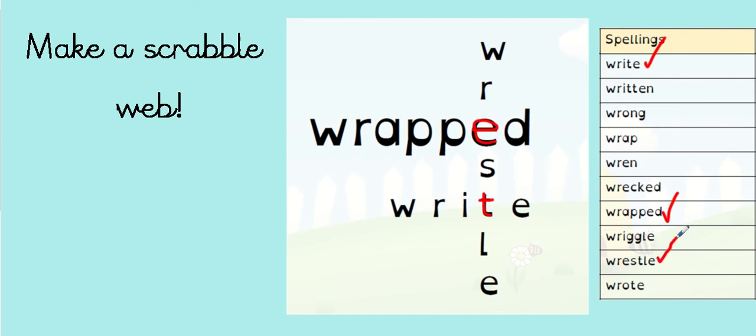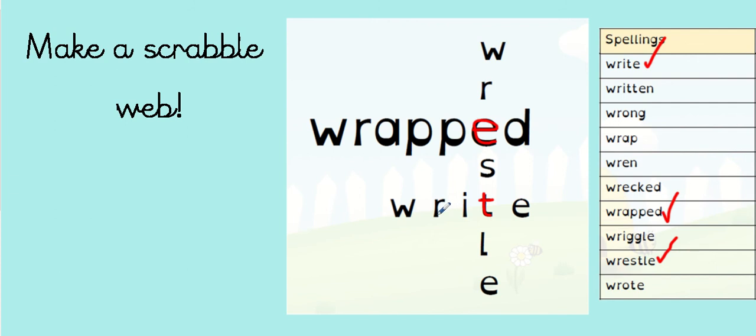So I'd like you to see if you can share some letters and make this Scrabble web a little bit bigger by adding some more of our spelling words onto it. So I can see a W here, so you might be able to write a word straight down, and the same here. Or can you write one here? Perhaps one of your words could share this E down here.